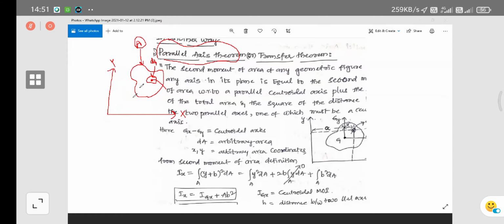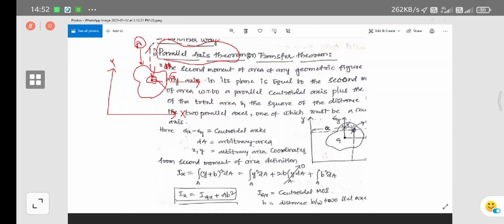See here, what I am trying to do is first locate the position of the centroid. In order to locate the position, we need two known coordinates of this particular point. If G is my centroidal point, I have to take another reference axis which is passing through the centroid of the particular differential element.